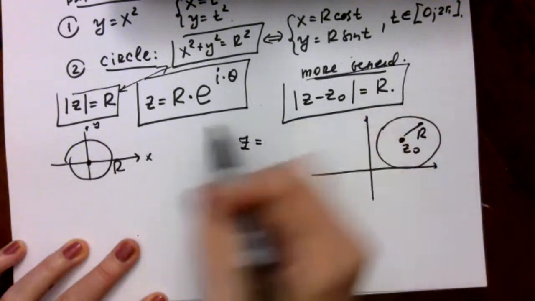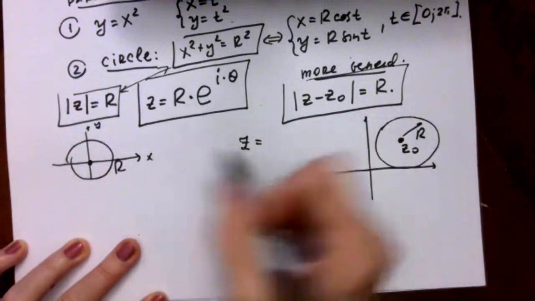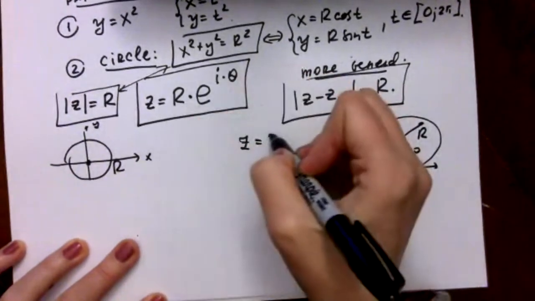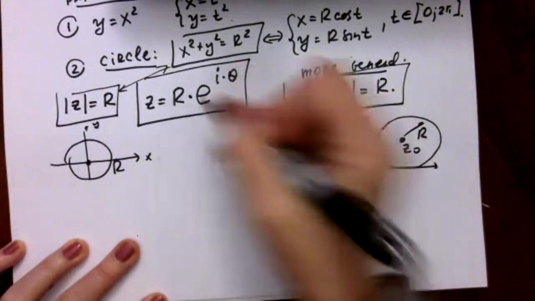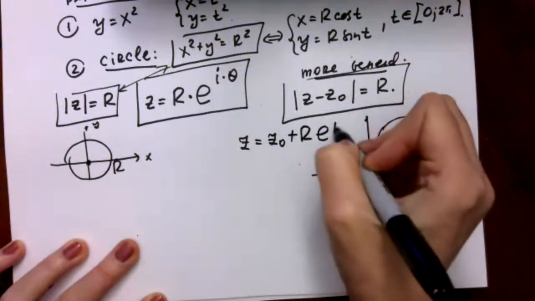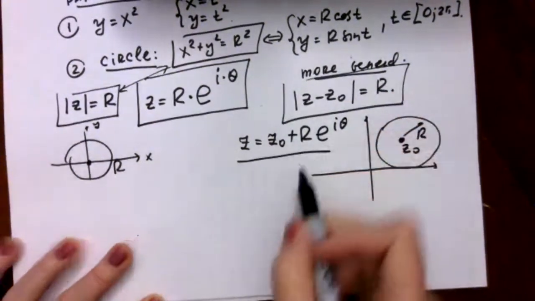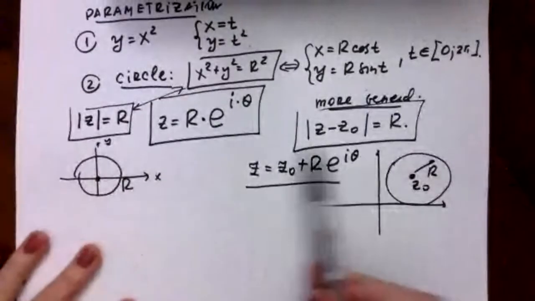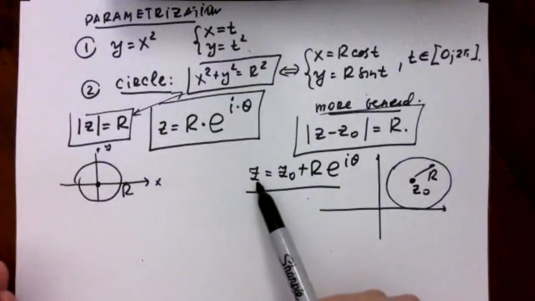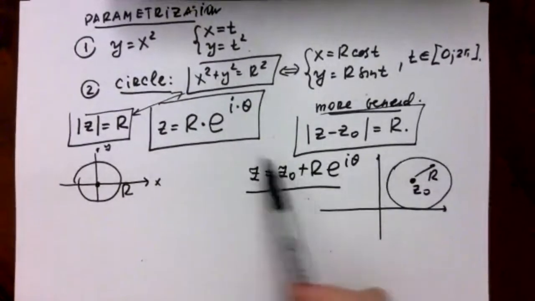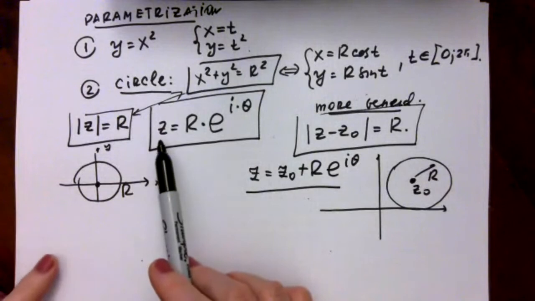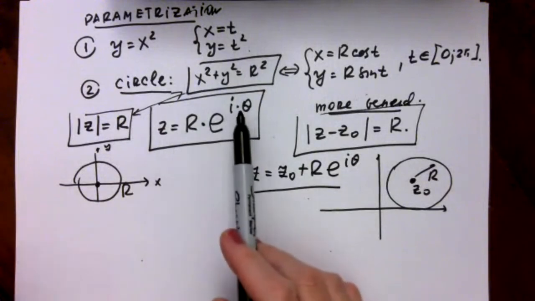In this case, your parameterization will look a little bit different. So z0 plus the same expression as you had here. So maybe this parameterization would look more appealing to you because it could be done in one step. You immediately change your variable z for variable theta, and that's it.